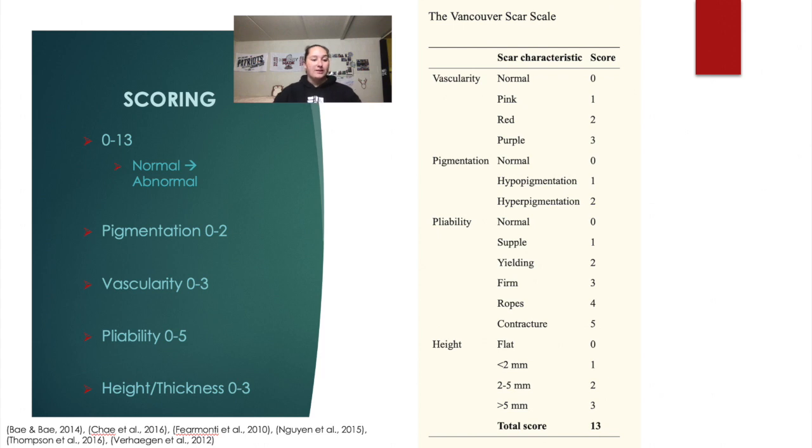It's also known as banding, which just means that it has rope-like tissue and that it blanches or pales when the scar or whatever is under the scar extends. And then a score of 5 is contracture, meaning that the scar has caused permanent shortening of that area, which produces distortion or deformity.